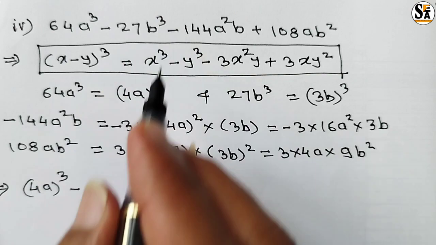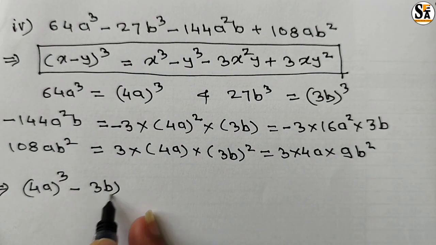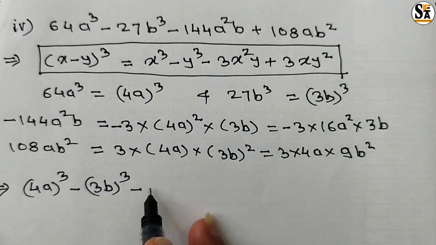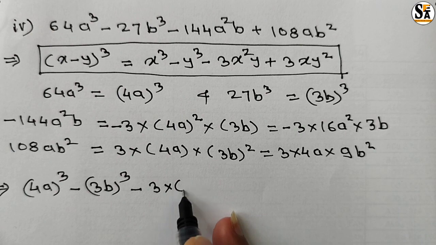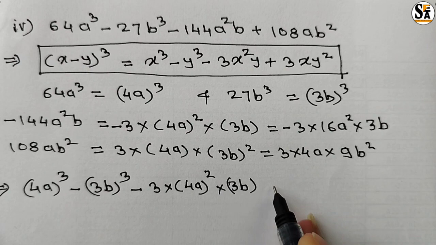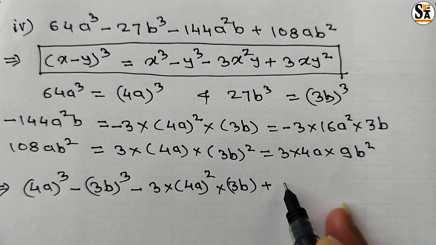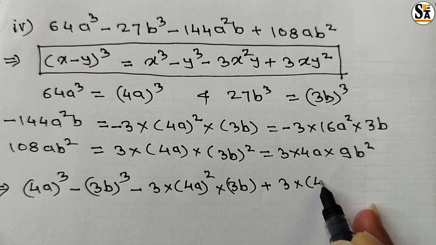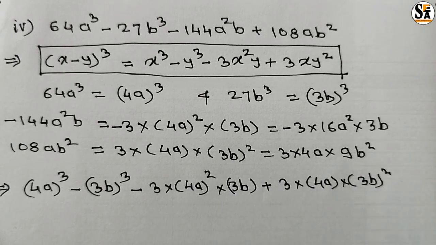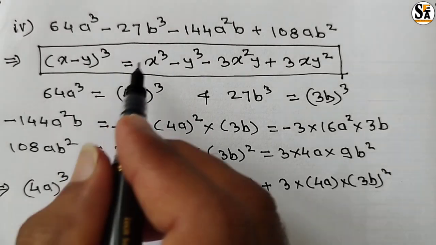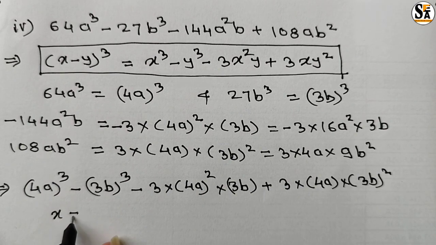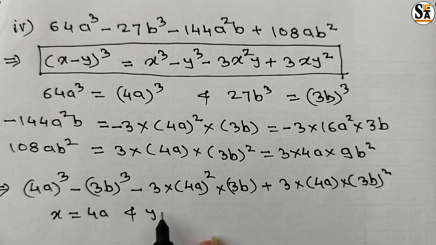Then for 27b cube we can write 3b bracket cube, and for 144a square b we can write this minus 3 into 4a bracket square into 3b, and for 108ab square we can write 3 into this 4a and in second bracket 3b bracket square. Thus we have matched all the terms with standard identity. Here we got x is equal to 4a and y is equal to 3b.